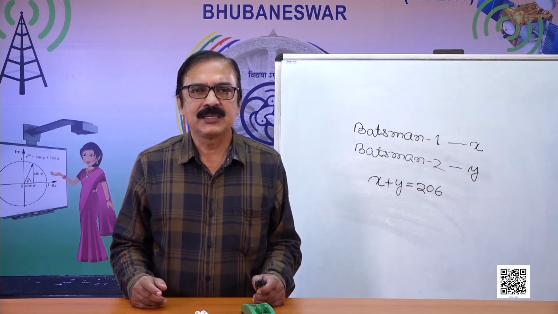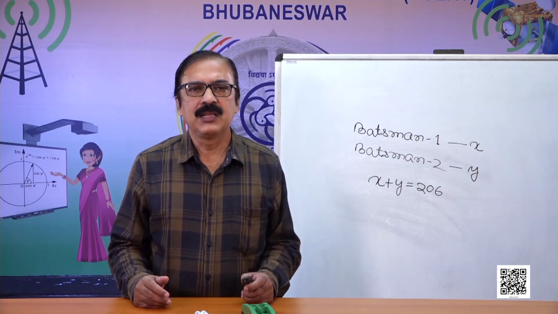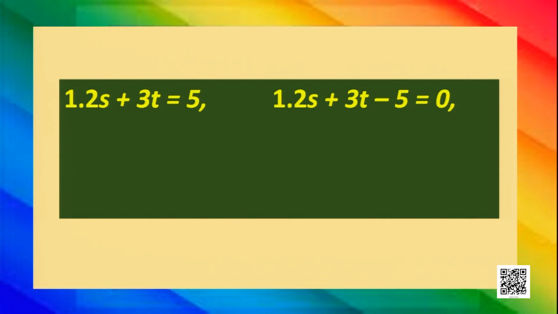Now let's rearrange the equations in this form. Here 1.2s plus 3t is equal to 5. This can be written as 1.2s plus 3t minus 5 is equal to 0.